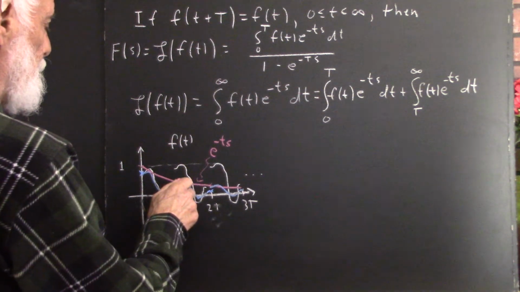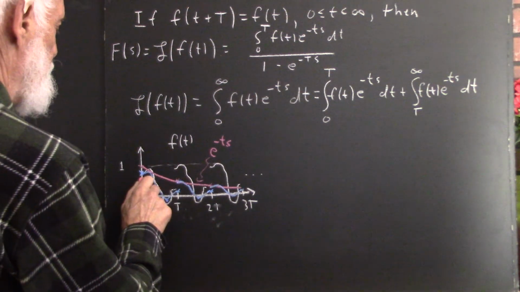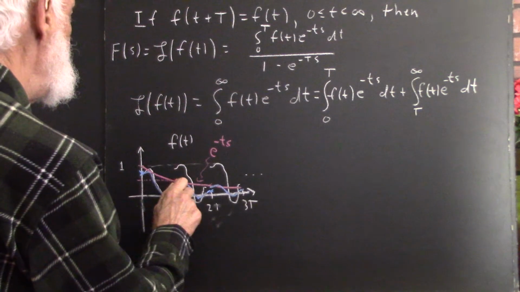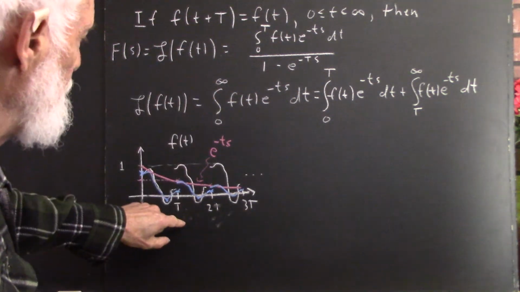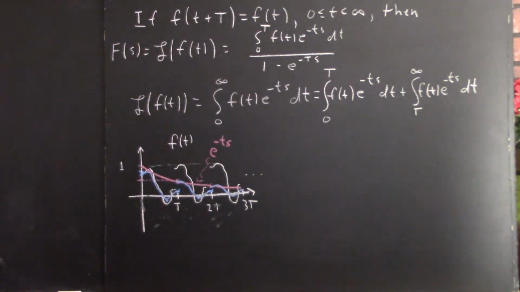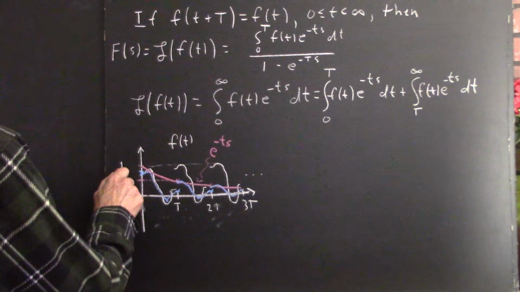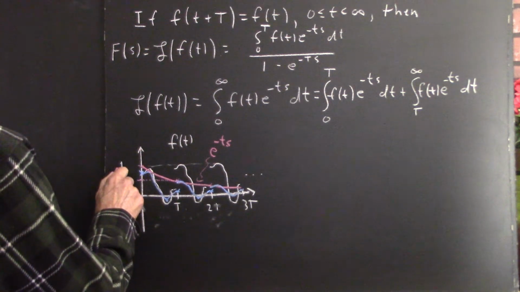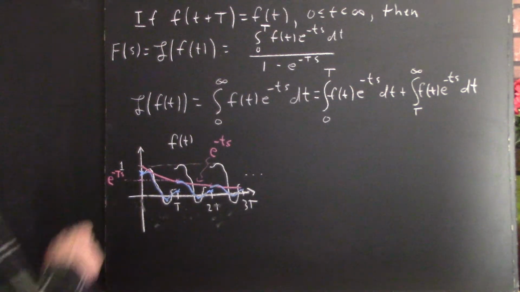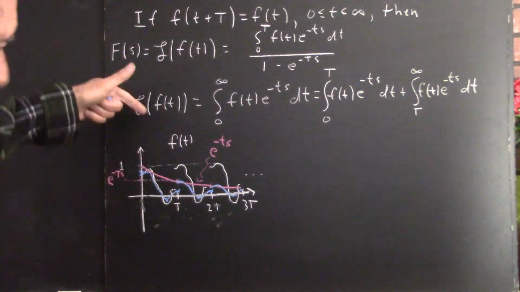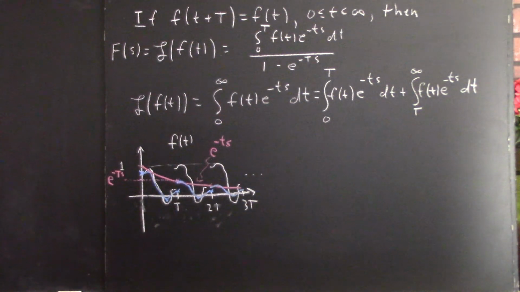This value here of the e to the negative ts function is going to be e to the negative ts evaluated at little t equals big T. So right here is e to the negative big T s. That's the value, the y value if you wish, of this function at this point.